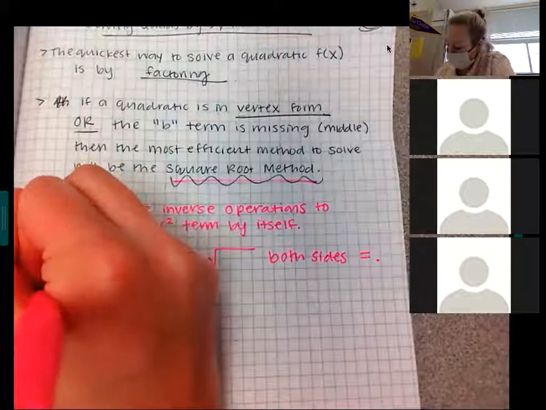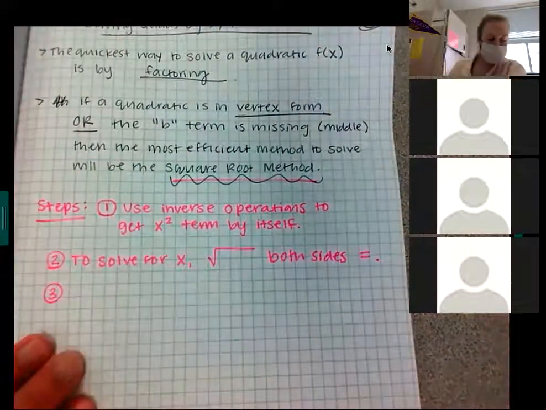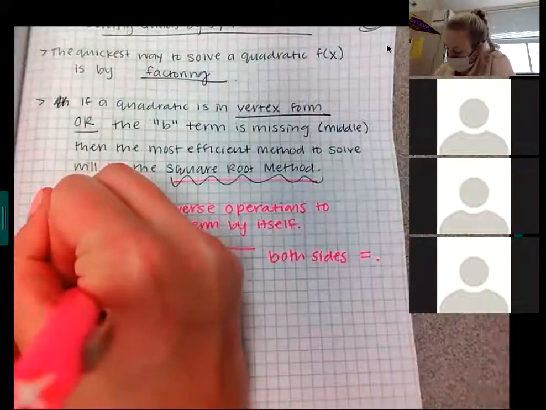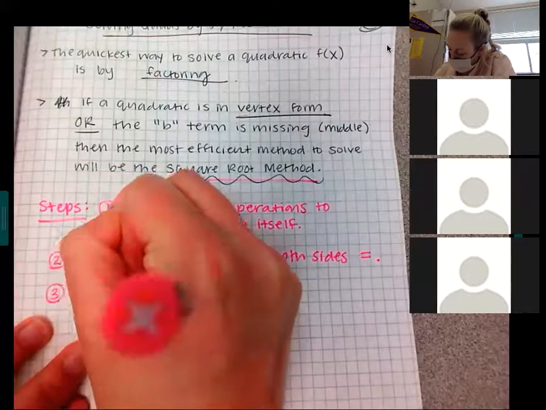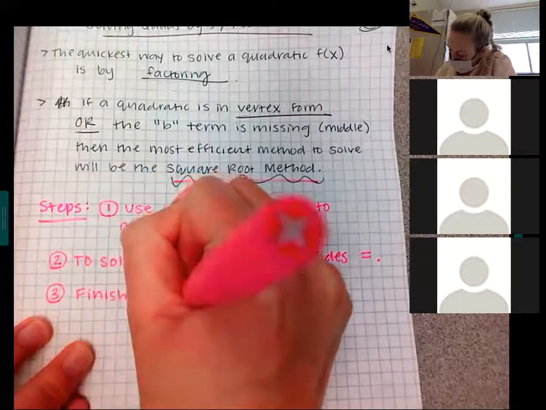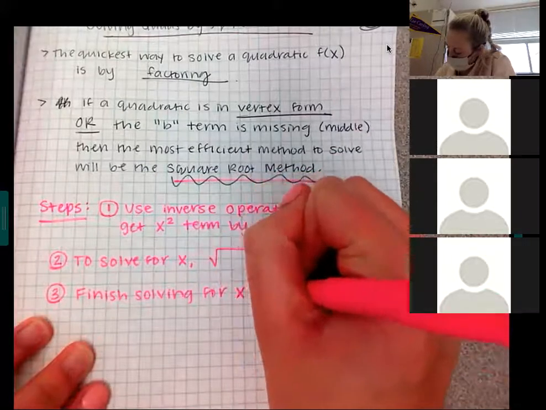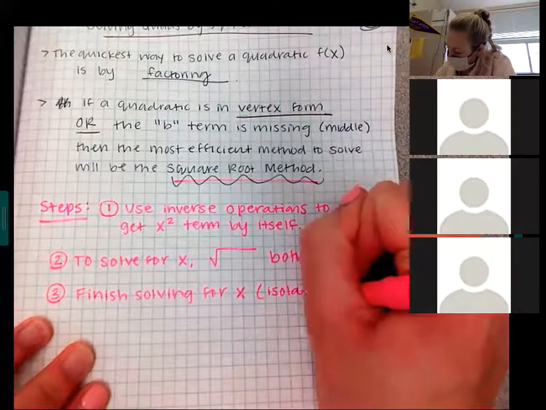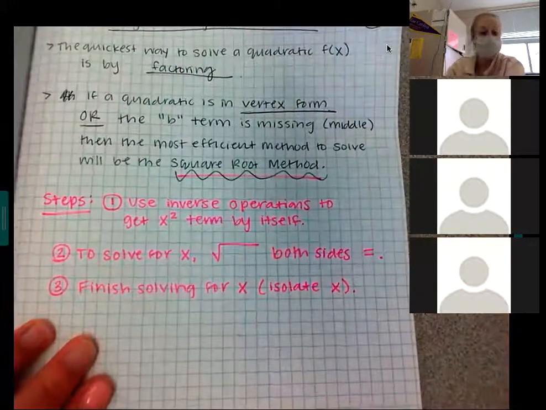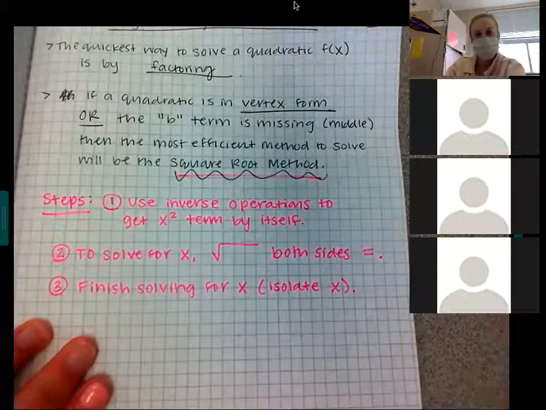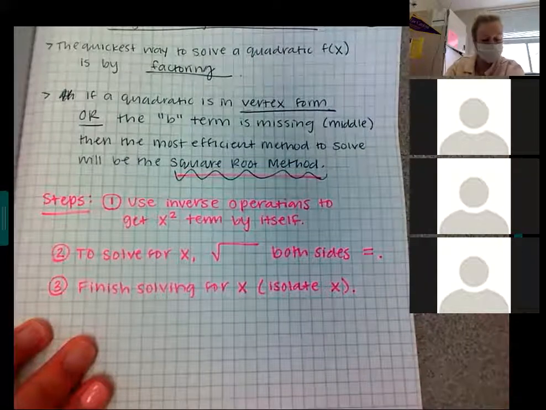And then the last step is to finish solving for x. So you're going to do that by isolating x, which means just get x by itself. So I'm going to let y'all finish copying those, and then we're going to jump straight into examples.